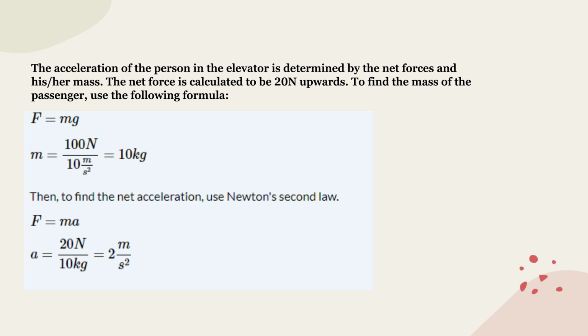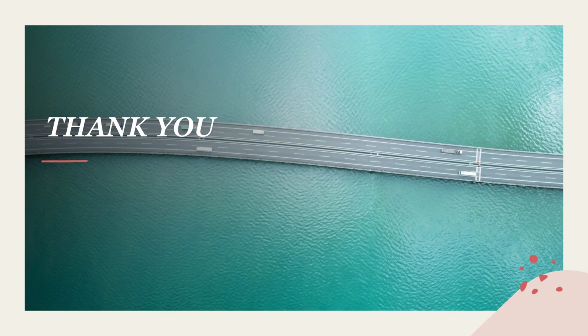It will be equal to 2 m/s squared. So this is the answer, as you can see. Always remember, when there's gravity, we need to use the two formulas. So let's move on.